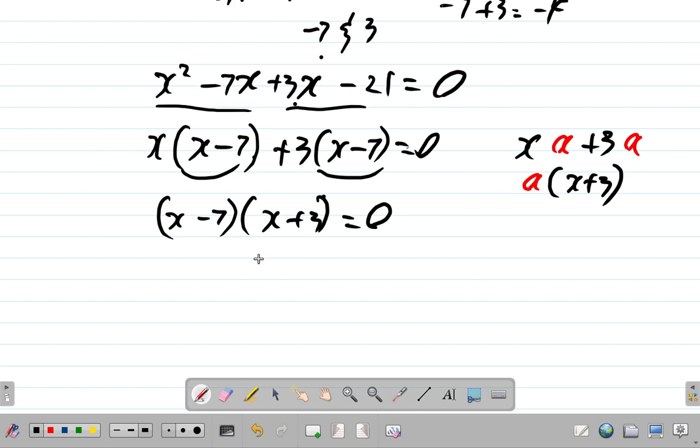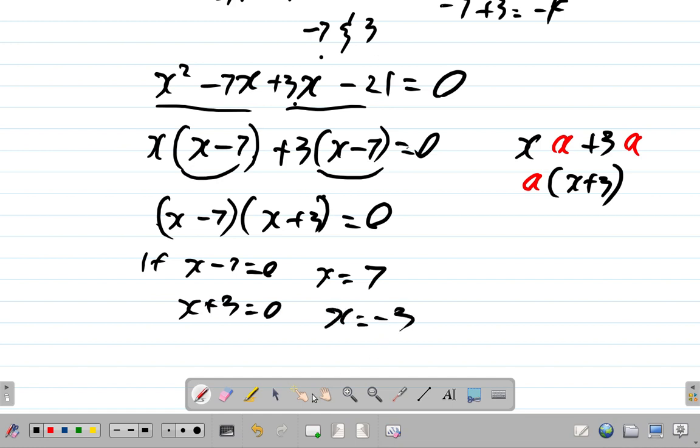If you have two numbers multiplied, and the answer is 0, then either one is 0 or the other one is 0, or both of them are 0. If x minus 7 is 0, then x must be 7. And if x plus 3 is 0, then x is negative 3.